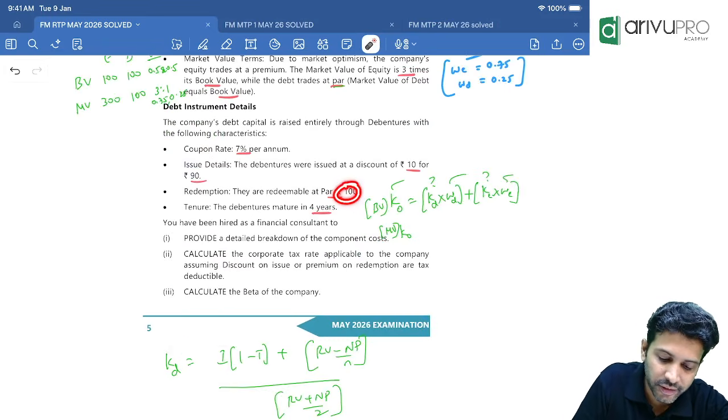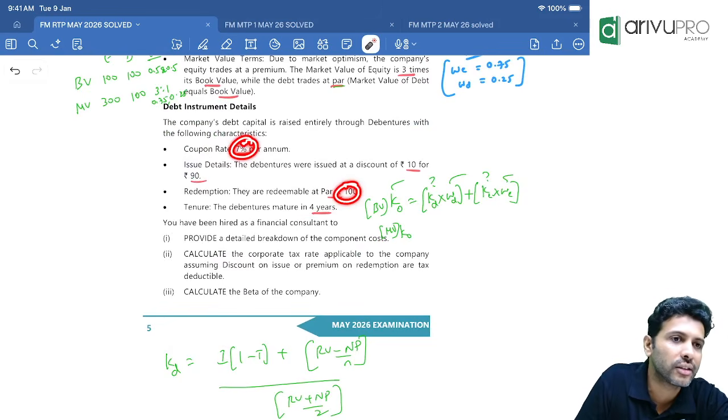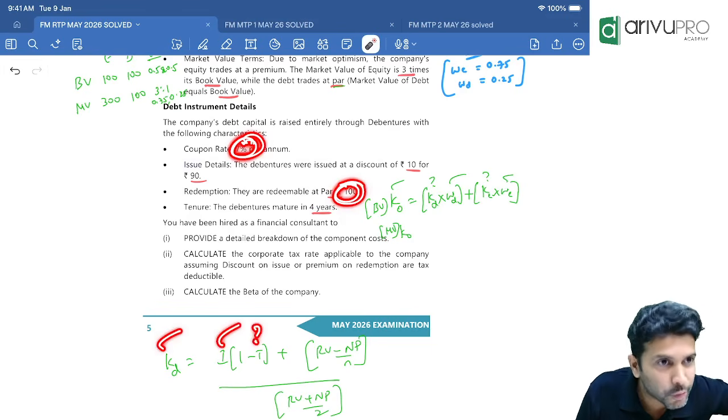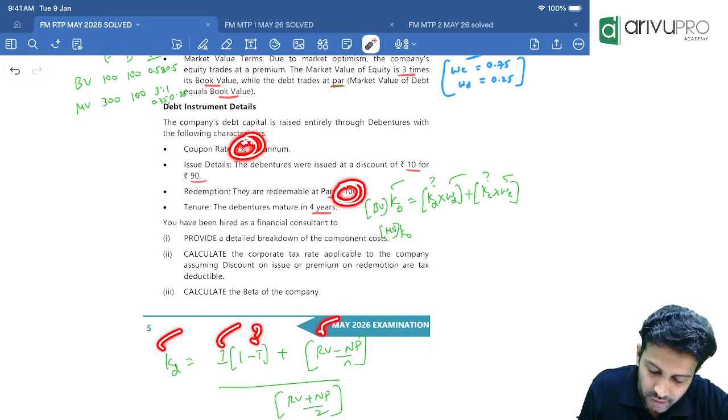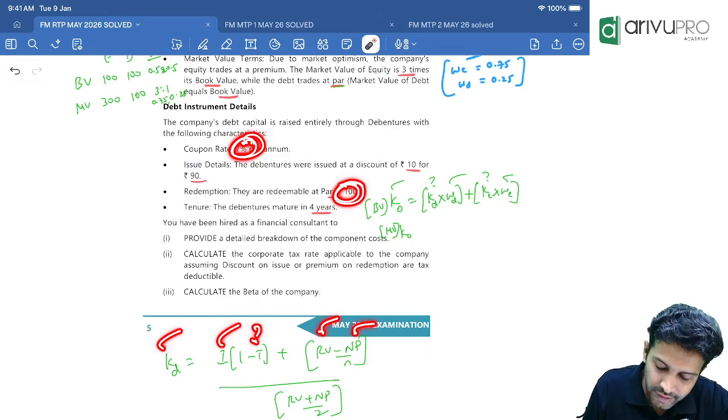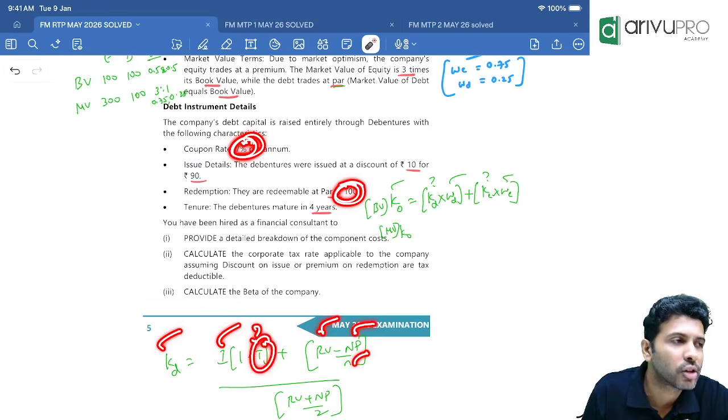Face value is 100, interest is calculated on face value. Interest rate is 7, so interest also you know. Tax rate not given, we have to find. RV, redemption is happening at par, given. Net proceeds, issue price. Flotation cost not there. N given to be 4. So every data in this particular formula is given except T. Solve to get T. That's what they are asking.